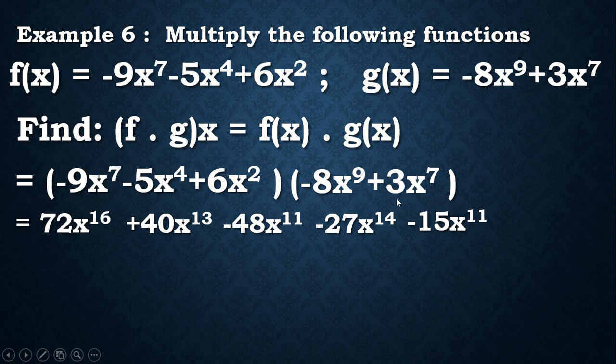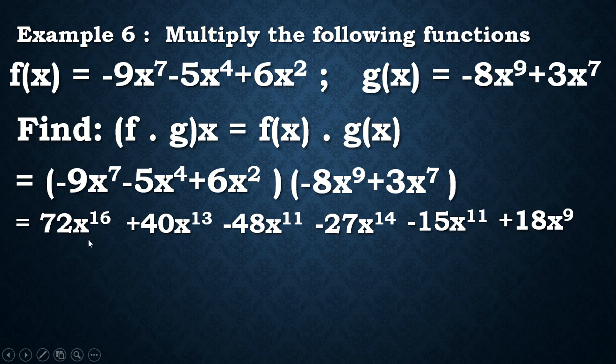Next step, we have to multiply 3x to the 7 to 6x squared. 3 times 6, 18. Positive times positive, that is positive. 7 plus 2, that is 9. So we have plus 18x to the 9. And then we have to arrange it in descending order, from the highest exponent up to the lowest exponent.